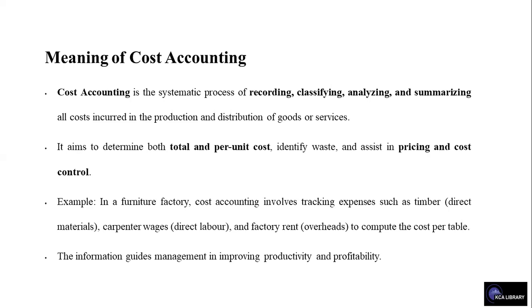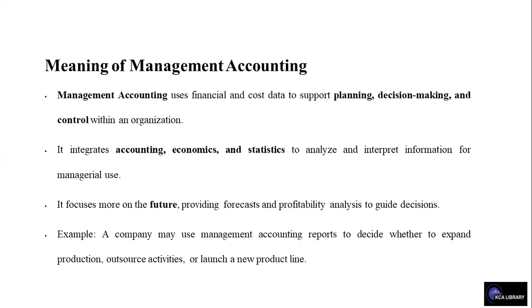An example of this is in a furniture factory. Cost accounting involves tracking expenses such as the timber, which is the direct material, the carpenter wages, which is the direct labor, and the factory rent, which talks about the overheads, to compute the cost per table. The information guides management in improving productivity and profitability.